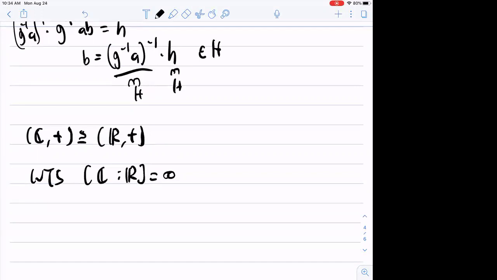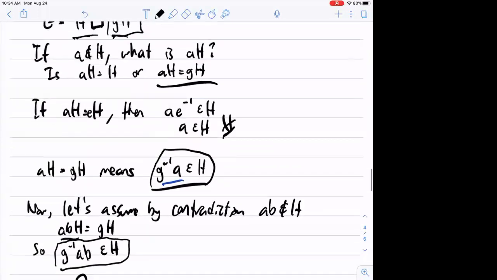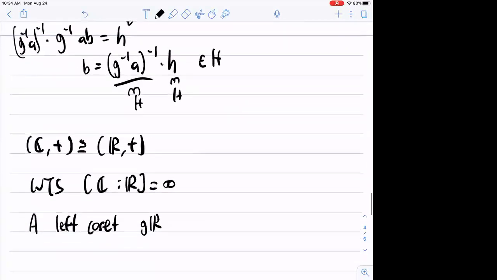Again, a coset, I'll do left. A left coset is of the form GR, right? From above it was GH, but H is R in this case. It's the set of G plus R for R in the real numbers, and G is some element in the complex numbers.